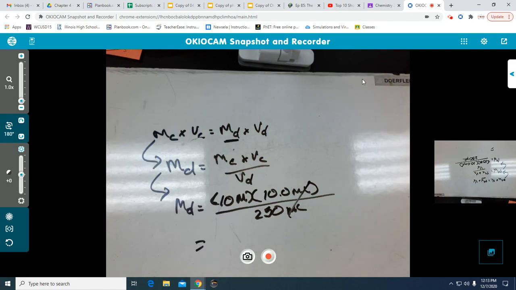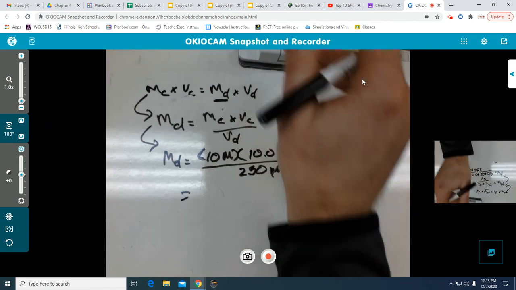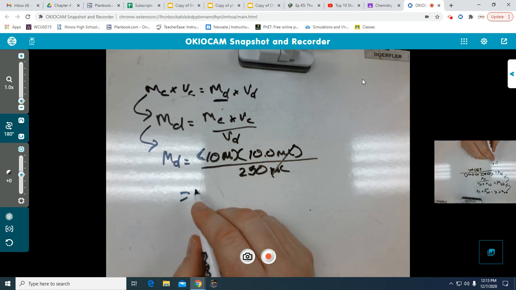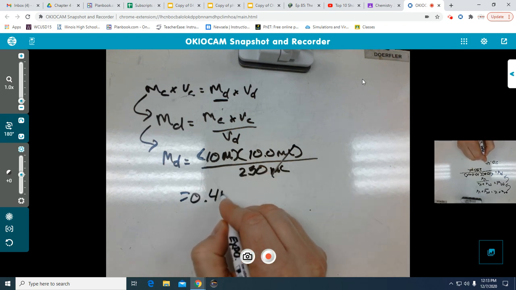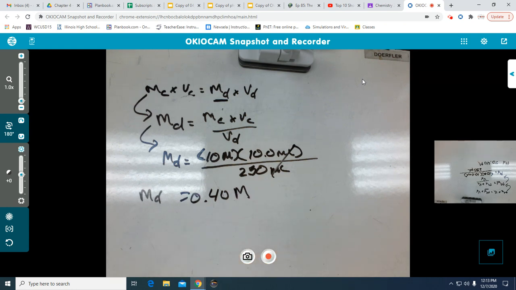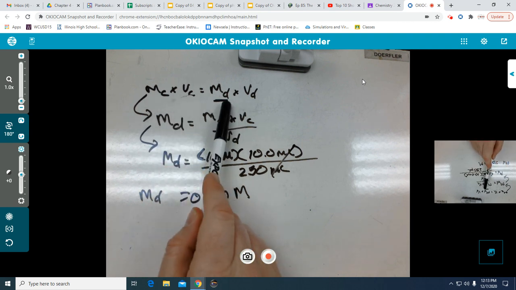Okay, the milliliters are going to cancel each other out, leaving us with a unit of molarity. And so we're going to do our math skills again. We're going to find out that we're going to have a new concentration of 0.40 molar sodium hydroxide.